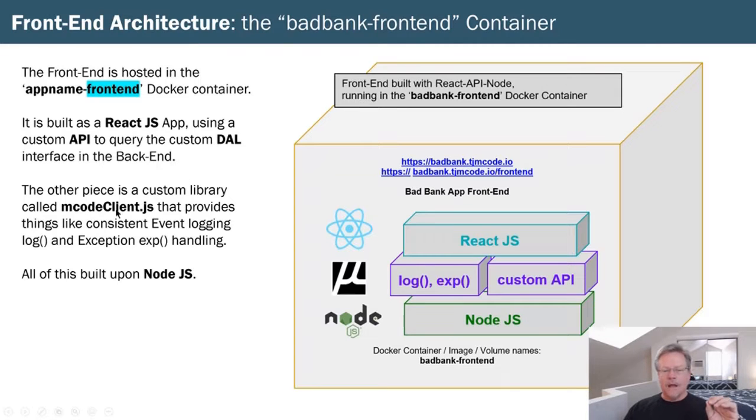Another piece that I developed here, because I want to do this long term, is a microcode client library of Java code that has my own event logging and exception handling and exception logging code in it. I built all of this with Node.js and JavaScript, and that's what's in that front end container, basically React, my own code, and Node.